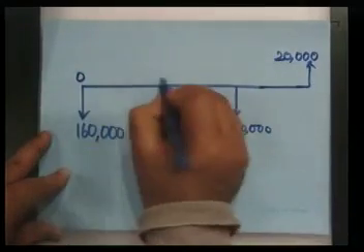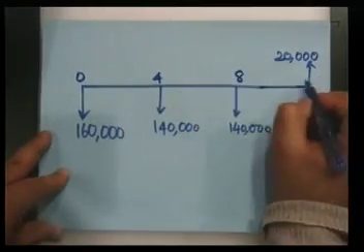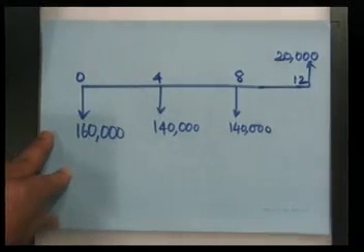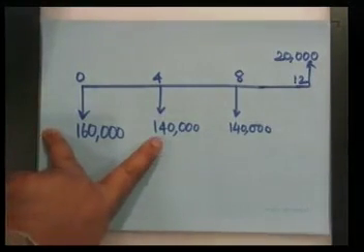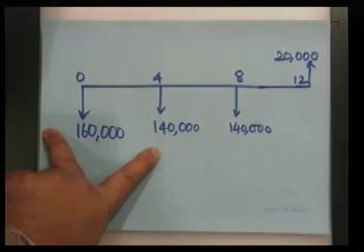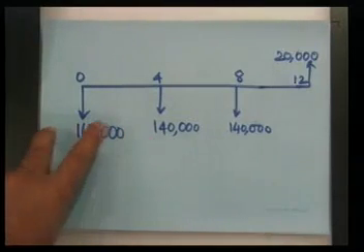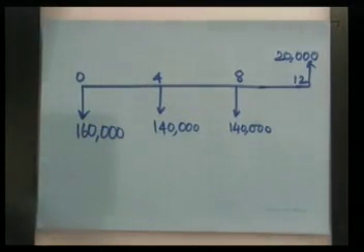This is 0, 4, 8 and finally 12. So, this way also I can solve the problem. I am able to do this because receipts and expenditures were at the same point of time. That is why I could do the algebraic difference.